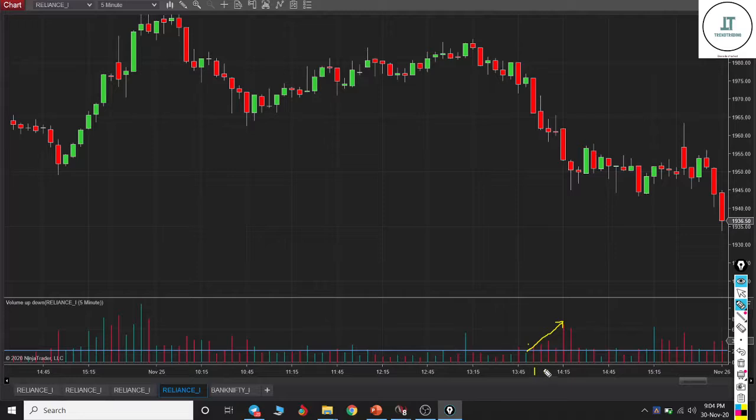Every single candle's volume is increasing when price is coming down. This tells us that if price comes down and volumes are increasing, it is information that sellers are more interested in pushing the price lower than buyers are in pushing the price higher.